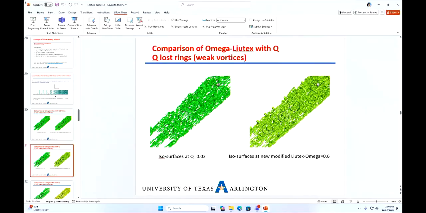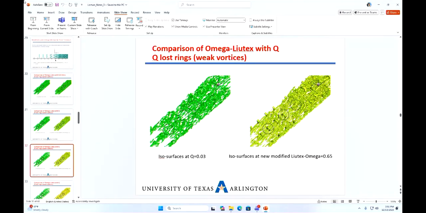When you use the Q method, and they use this mutex omega method, you get different vortex structures. You see that? Clearly, they keep the vortex structure. Well, you see this Q method.